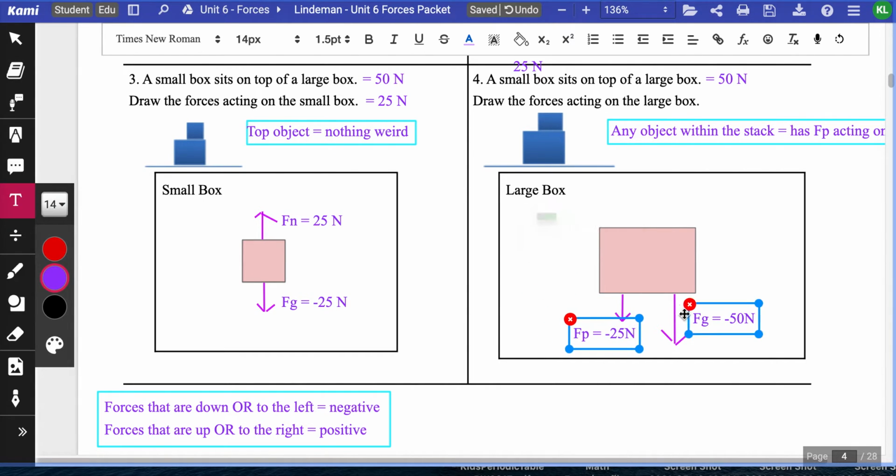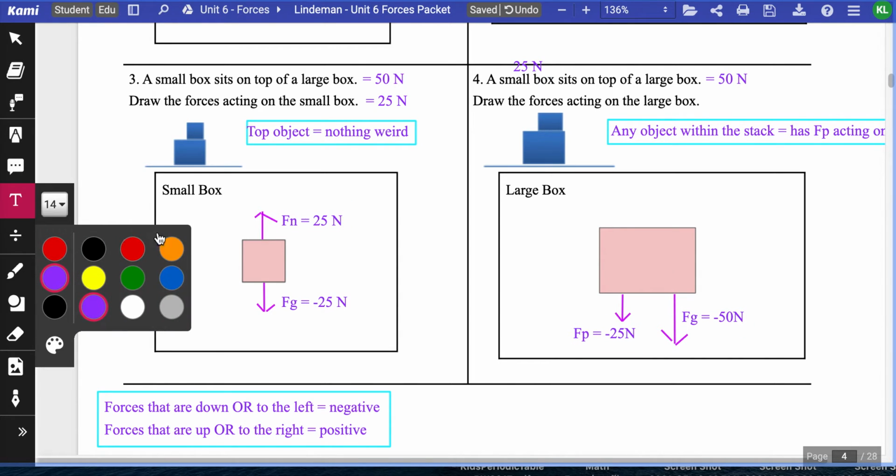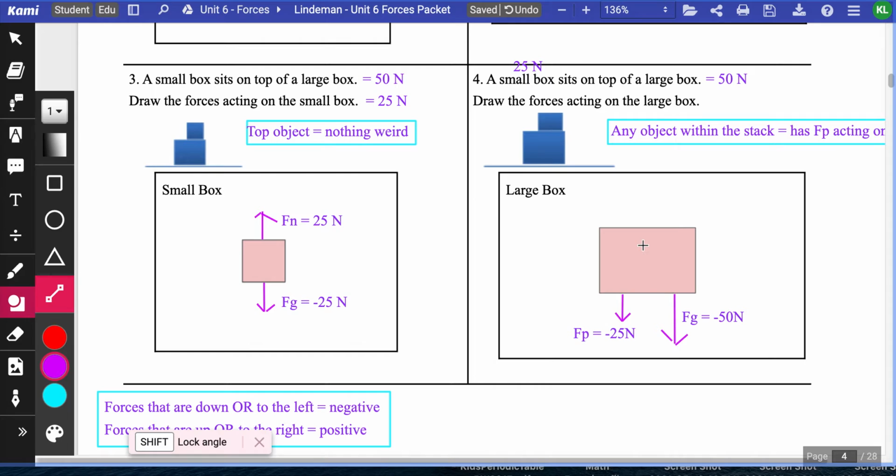And you see how after I type it, I can move these around so that they are a little bit more clear, like what's what, okay? You want to make sure, when you're looking back at this, that it's very clear what is labeled what. You don't want me questioning what you have labeled.